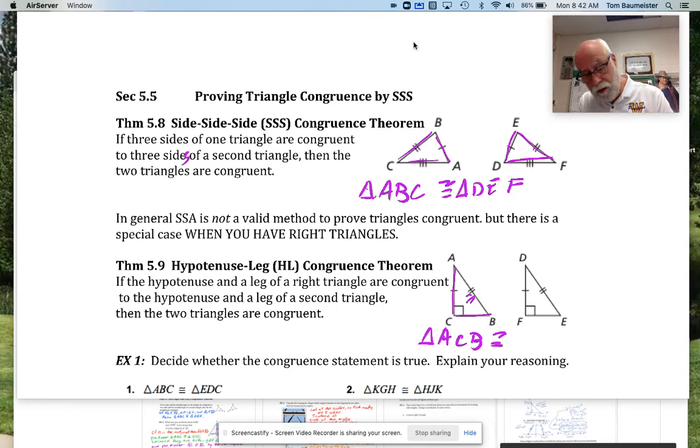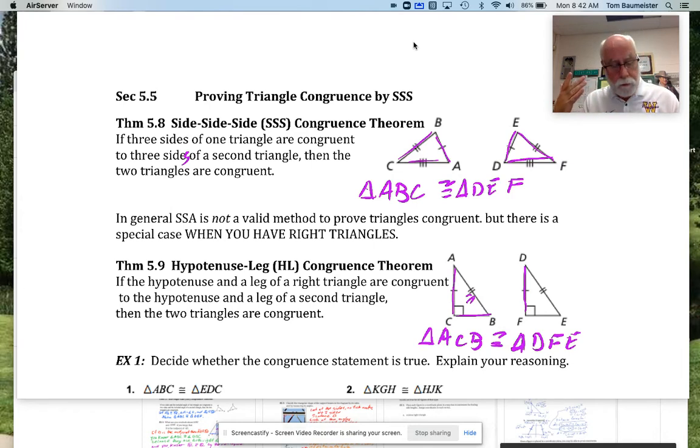So I would have to do the same thing on this one here, so I would go triangle DFE. And to be honest, ladies and gentlemen, that is going to be the biggest thing, is making sure that your triangles are congruent the way you have them written out.